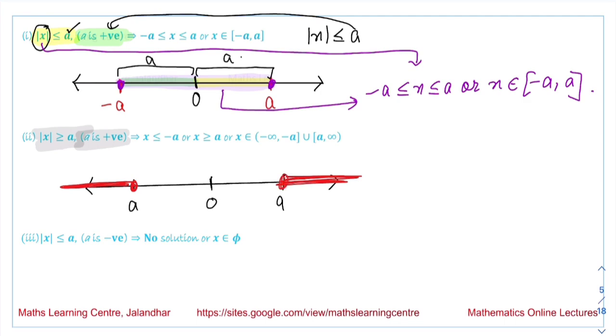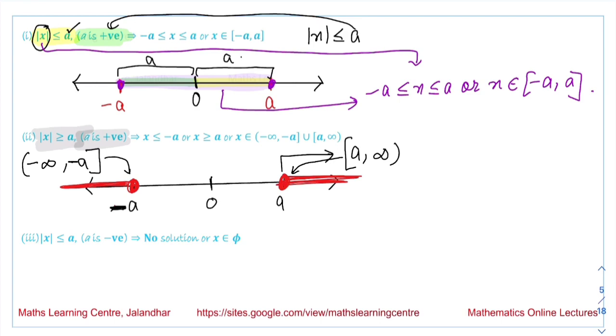Now these points a and minus a are included over here. So these points are represented as a comma infinity, closed at a, and minus infinity comma minus a, closed at minus a.